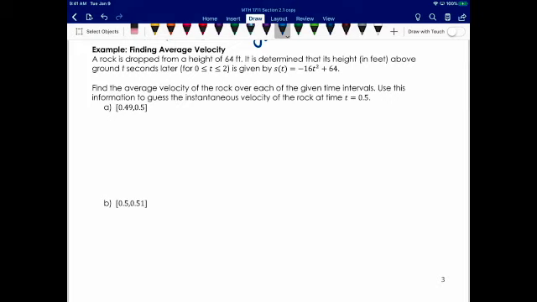It says find the average velocity of the rock over each of the given time intervals, and then we're going to use this information to guess the instantaneous velocity of the rock at time 0.5 seconds, or a half a second. So this is the time 0.49 seconds, and then we have the time 0.5 seconds. We need to find the corresponding value so we can find the average rate of change over that time.